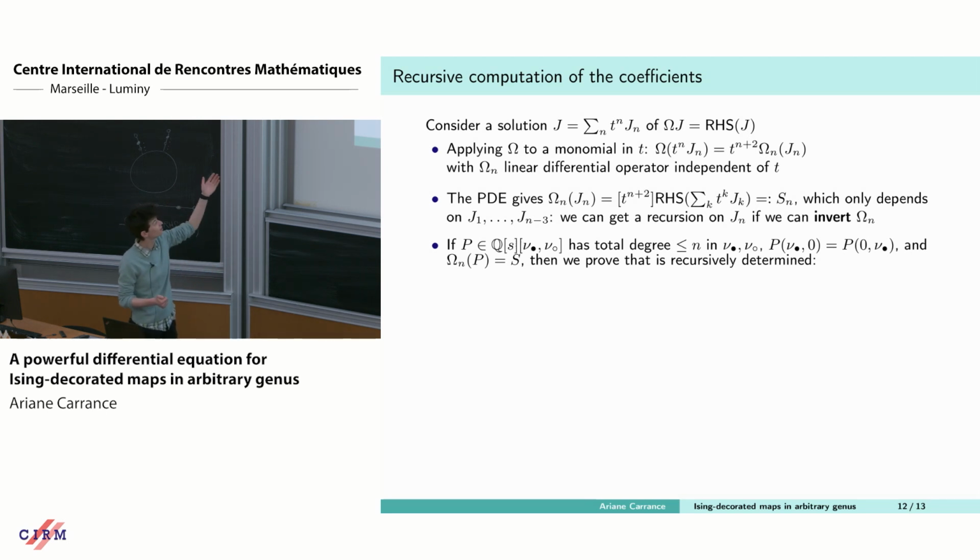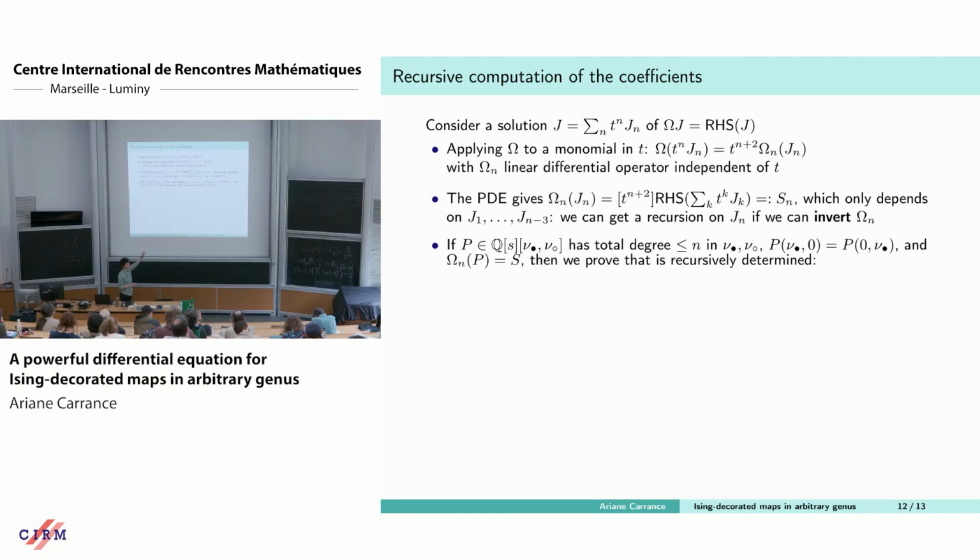So with the assumptions that I already mentioned before, suppose we have some polynomial in nu black and nu white with coefficients that are polynomials in s themselves, with degree at most n if you sum up the powers in nu black and nu white, and you assume this boundary symmetry.